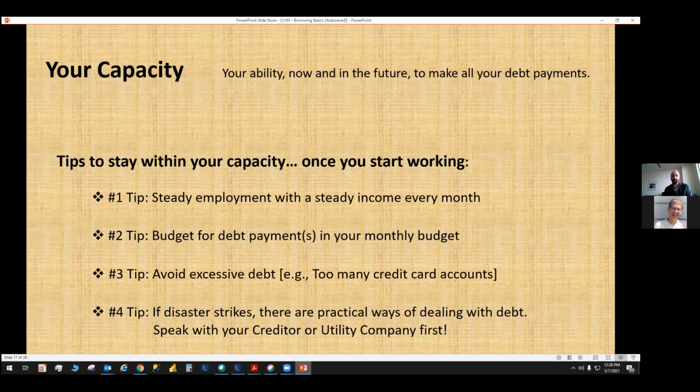The number one thing that you should do, the first thing you should do when that happens, is call the lender or the creditor that you borrowed money from, or your credit card company, and speak with them, let them know what's going on, and ask about alternative repayment methods, right?